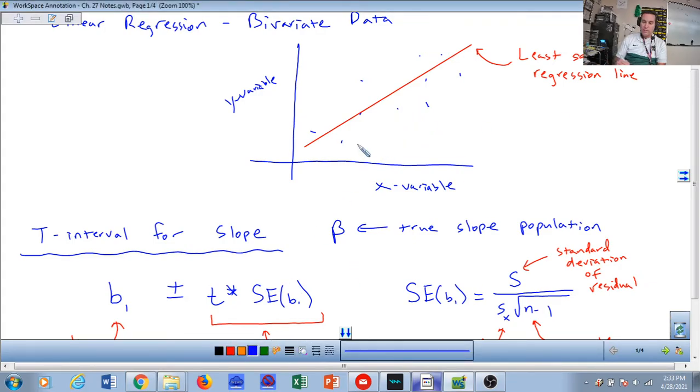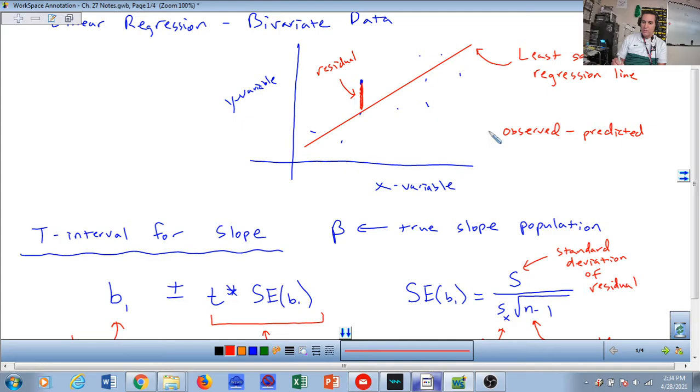A residual is the distance from the point to the line of best fit. That distance from there to there, remember, is called a residual. Okay, right? Residual was always observed minus predicted.